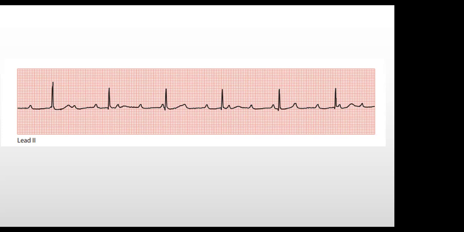With narrow QRS complexes, which tells you that these complexes are coming from the upper part of the AV node. So, junctional escape. Now the treatment: just state the treatment, not stories. What will you do for the patient? Permanent pacemaker insertion.